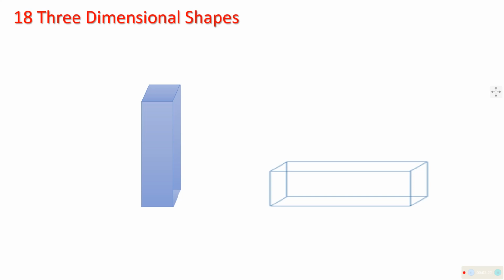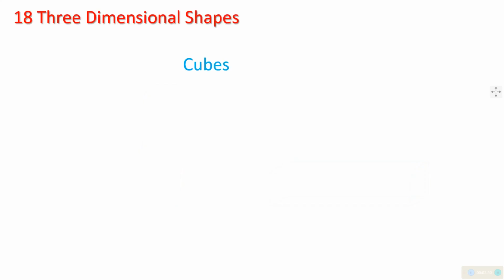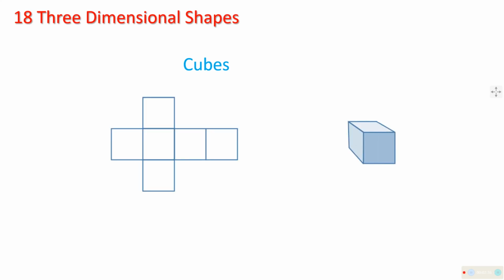I will be making you familiarize with some more three-dimensional shapes. Cubes you have studied last year. Cubes also have their own net formation. If you fold this particular net properly, you can convert it into a cube. The most common cube is our dice which we use for playing.